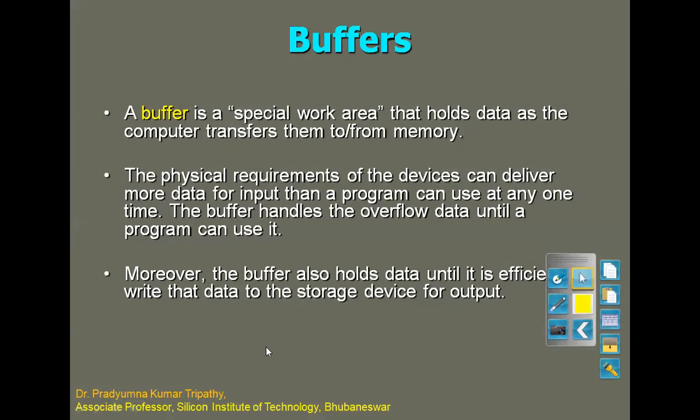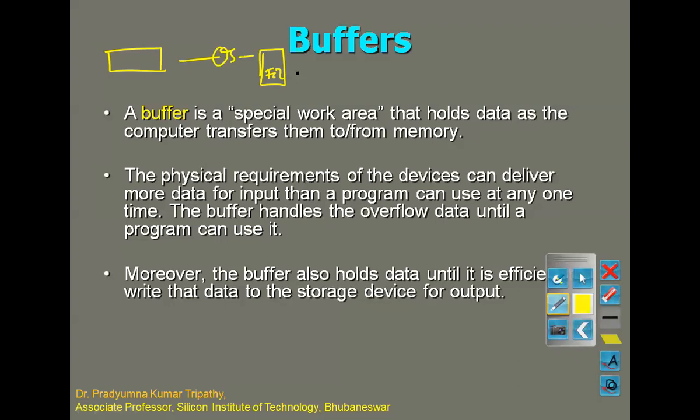So before going to file handling, one concept we must know is the buffer. What actually is a buffer? Suppose this is my input device through which I input the data, and through the operating system it goes to the file for writing.